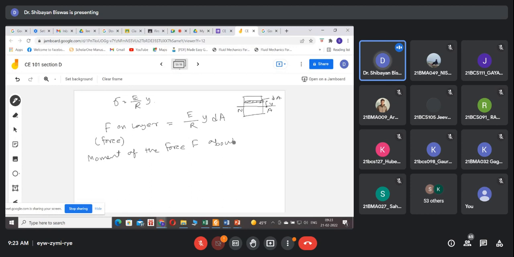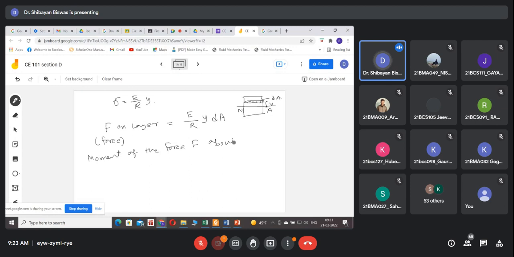Okay, so the final expression we want from this chapter is M by I is equal to E by R is equal to sigma by Y. Second, sigma is equal to E by R into Y. All these are interrelated to each other.